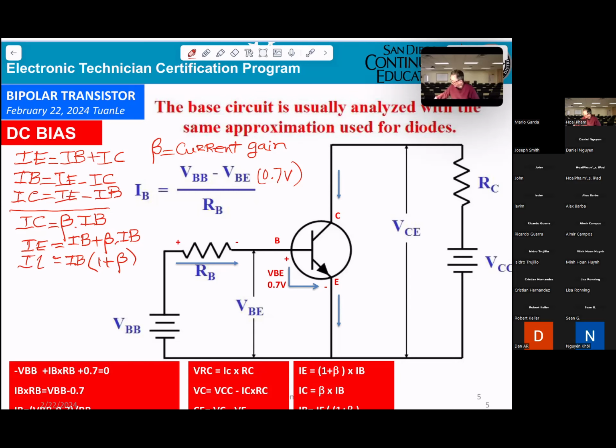That will be IE. This is the formula right here. Instead of using IE equal IB plus IC, they don't want that. You can better use this formula.